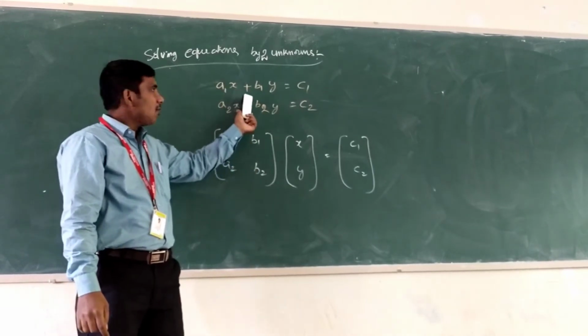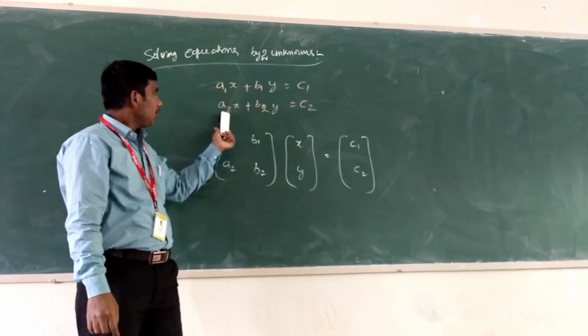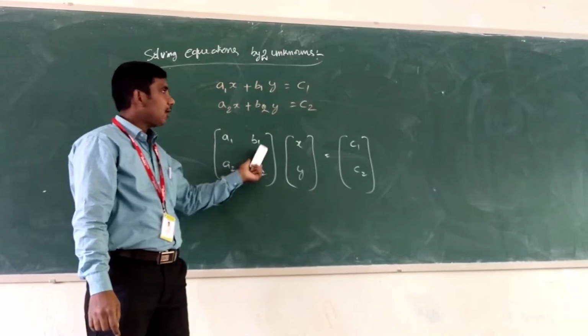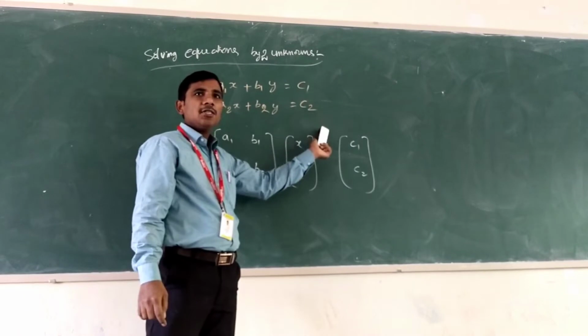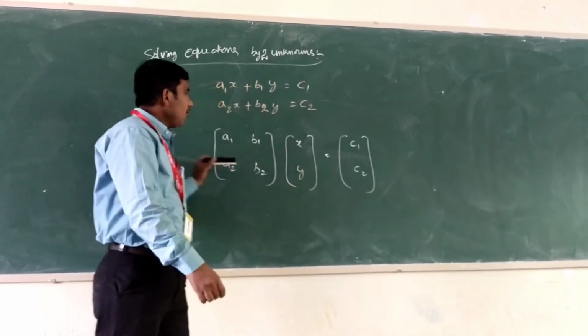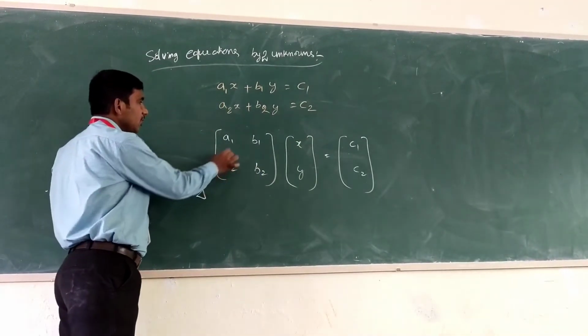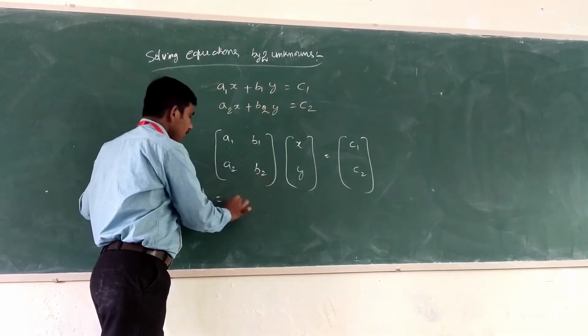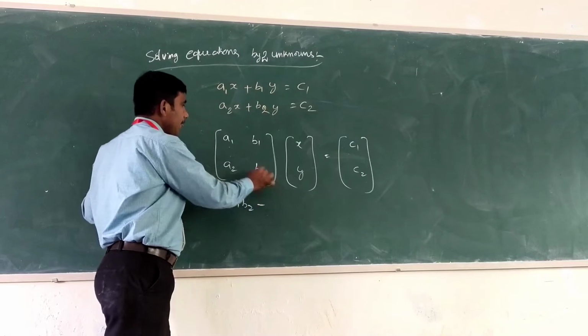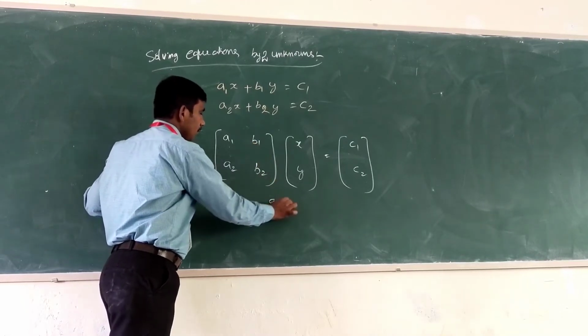Then we first calculate the determinant of this common matrix. Delta equal to A1 B2 minus A2 B1.